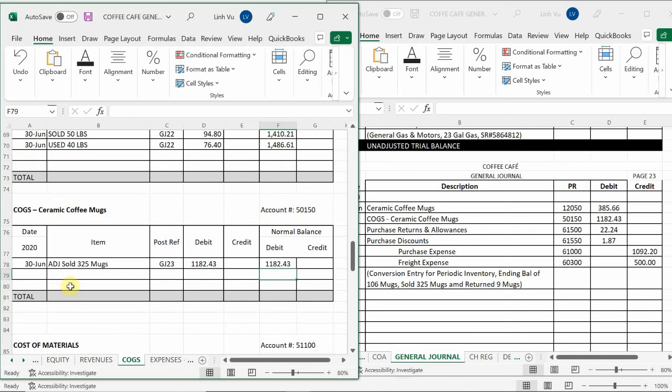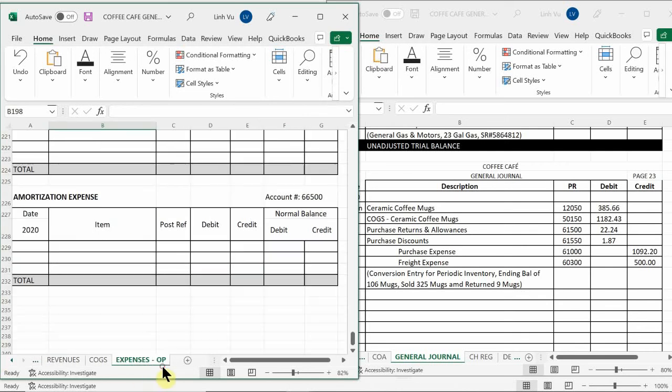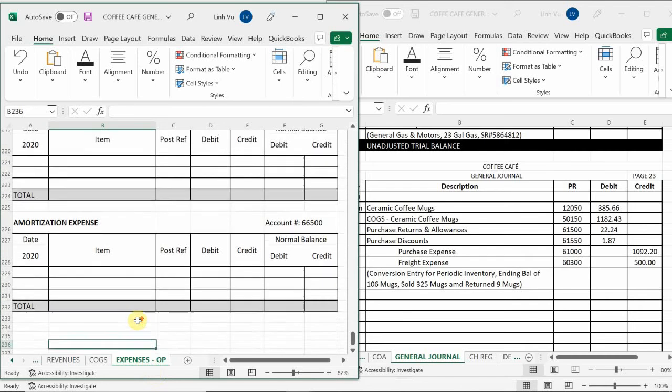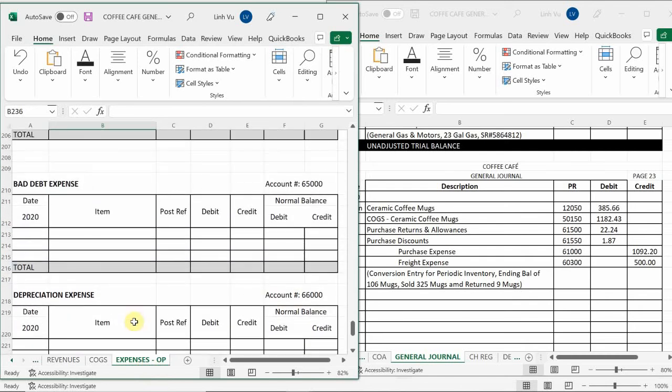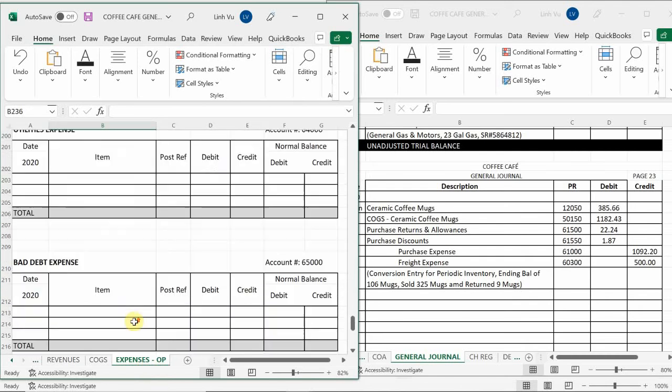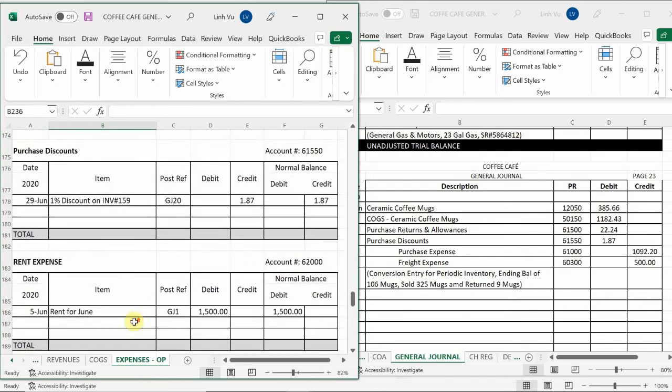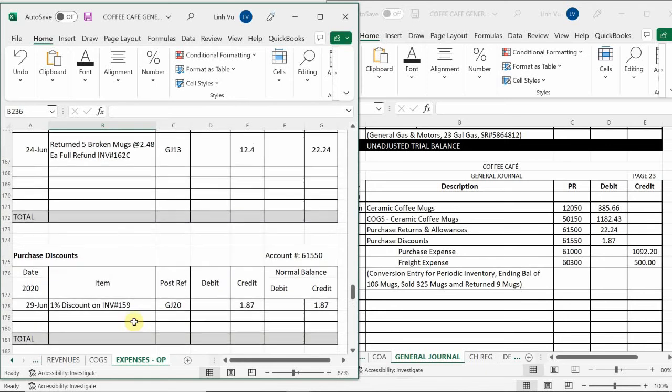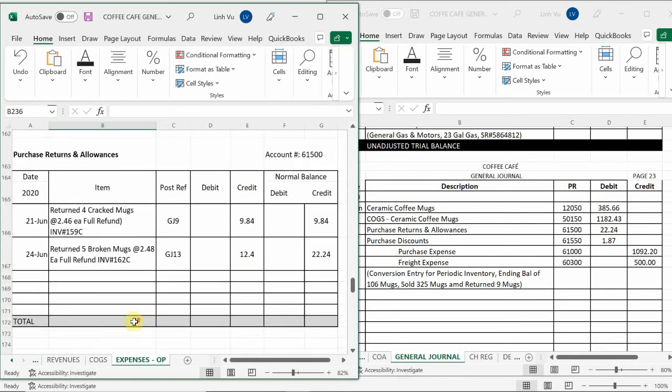Now we need to close out all of our expenses here, starting with our purchase, returns, and allowances.